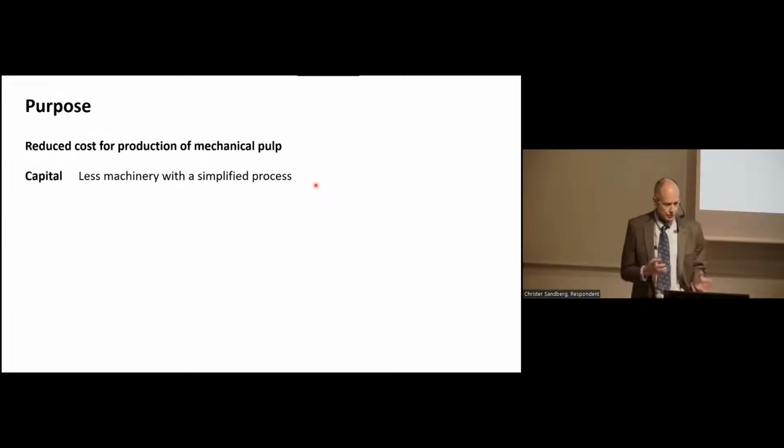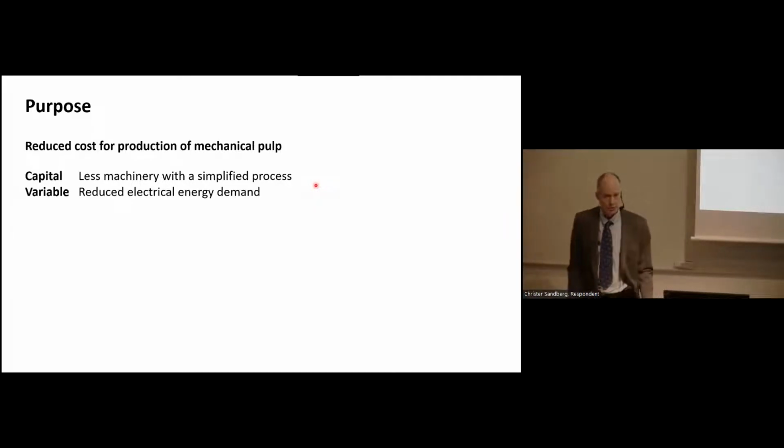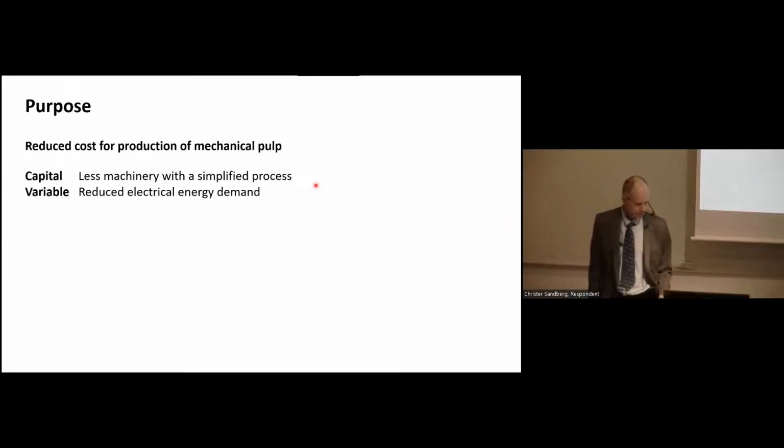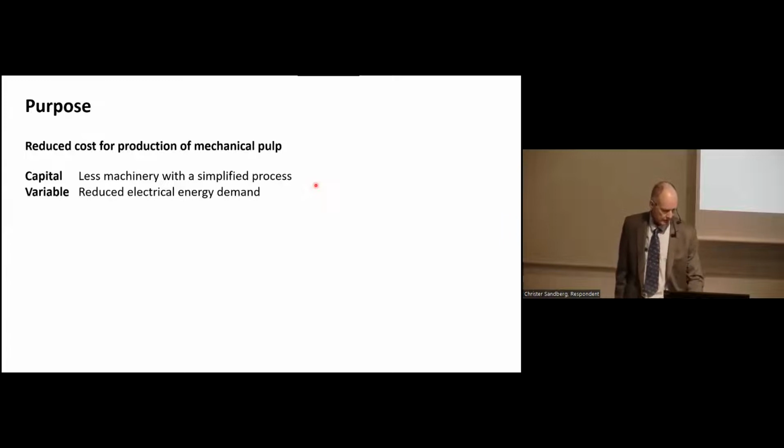The purpose of this work is to reduce the cost of producing mechanical pulps, by simplifying the process and thereby needing less machinery and fewer unit operations, and also by reducing the electrical energy demand, which is the variable cost.